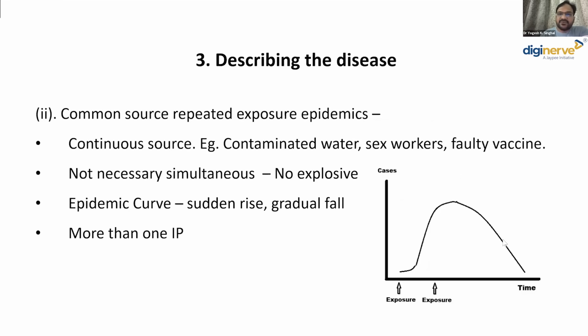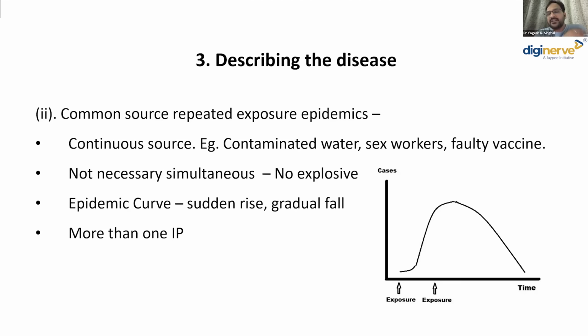Now, common source continuous or repeated exposure. The source is common, but the exposure is repeated. In that case, the curve will rise suddenly, but will not fall sharply because the source is continuous. Suppose we are talking about the water supply in a hostel.